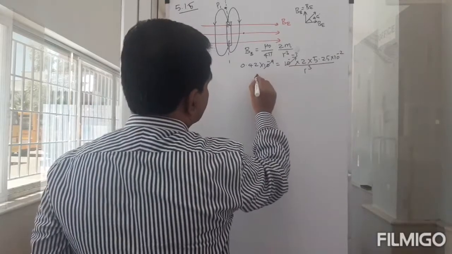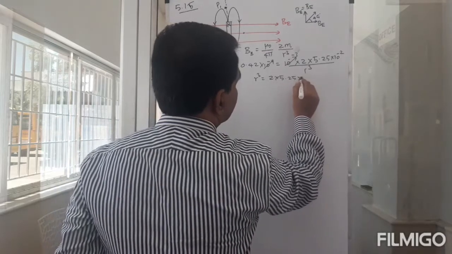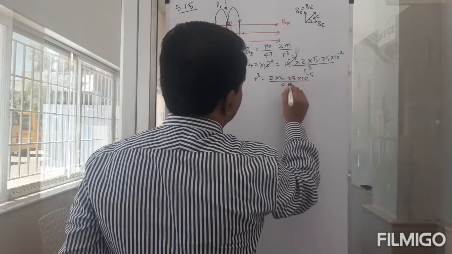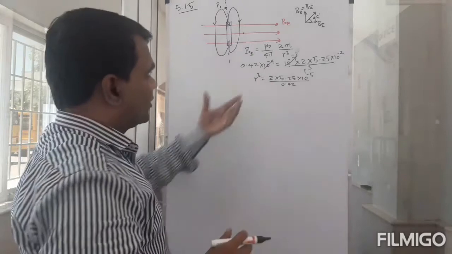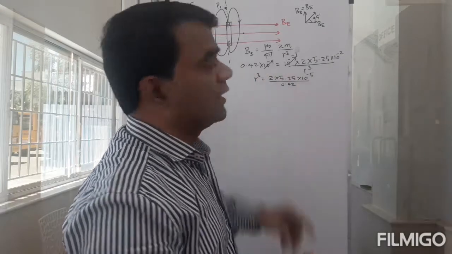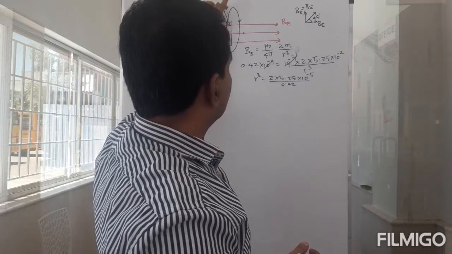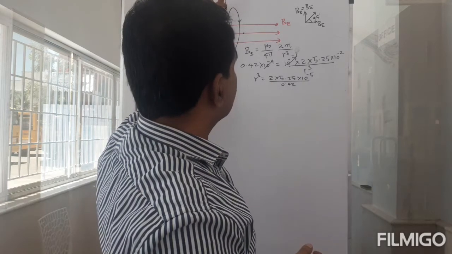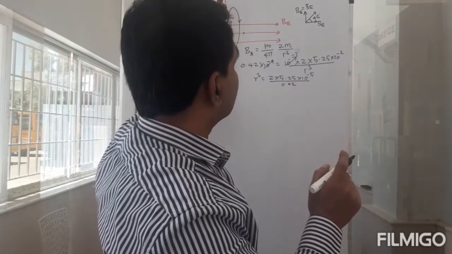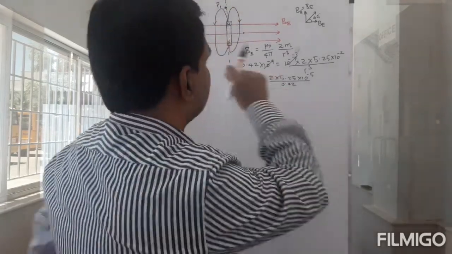So now I can find r cube is equal to 2 into 5.25 into 10 power minus 5 divided by 0.42. And from here I can find r. So if I take the cube root of this value, I will get r. So at that distance, point P1 along the axial line, if I take the net field, the vector sum of both the fields, that would be at 45 degrees to the Earth's magnetic field. So this is how I do this part.